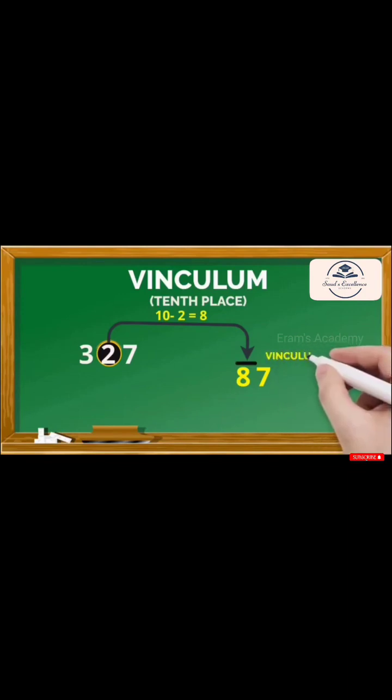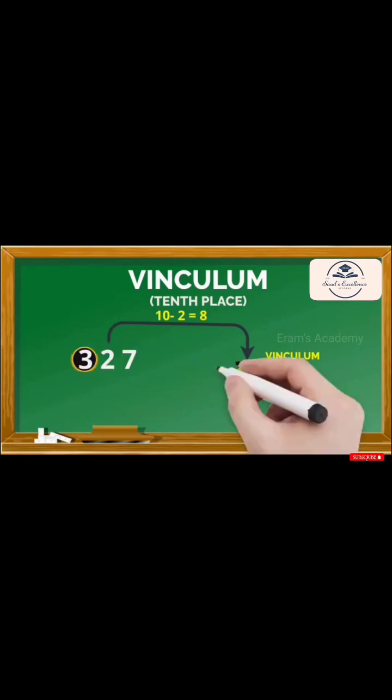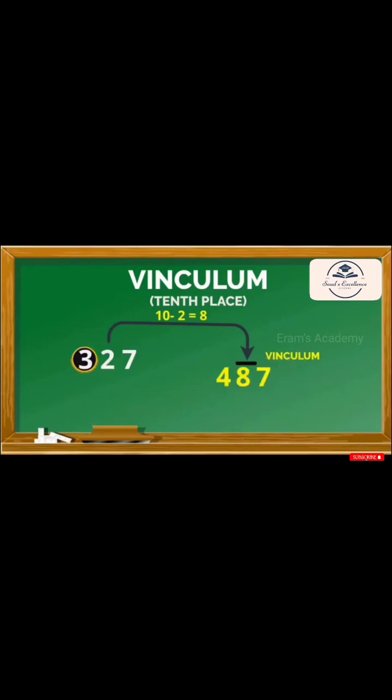We put a bar above 8, which denotes vinculum. Then we take the 100's digit's consecutive number, so 3's consecutive number is 4, we write 4. So this means 400 minus 80 plus 7, which is equal to 327.